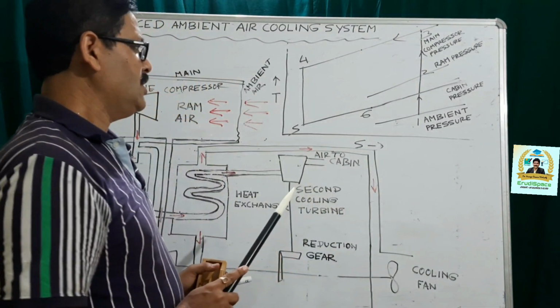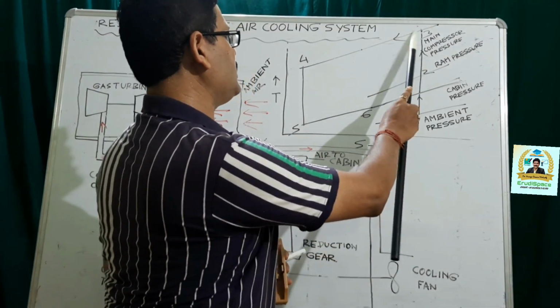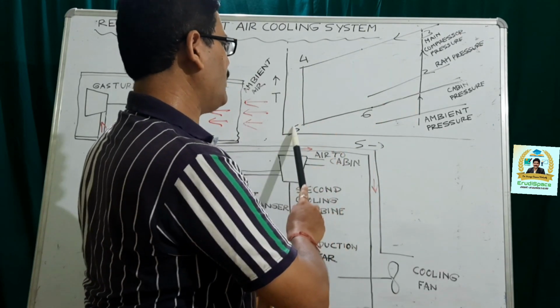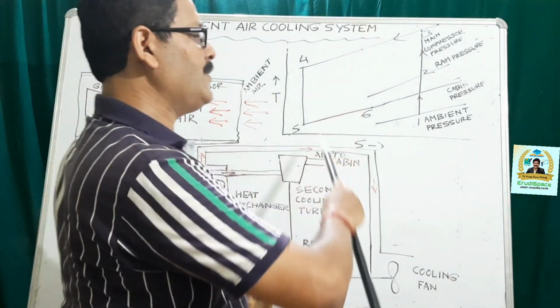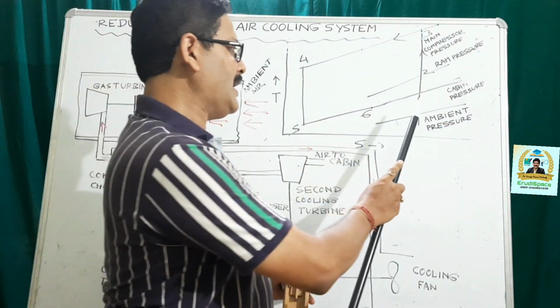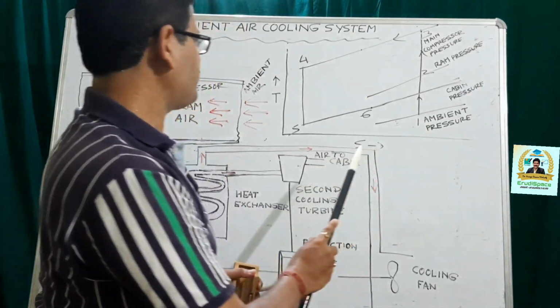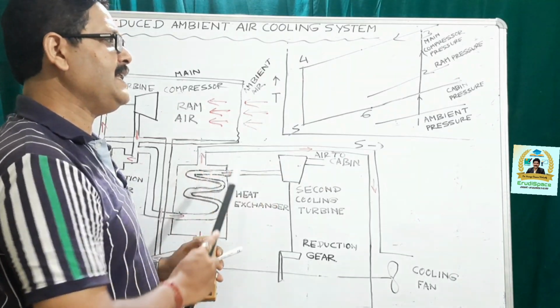Now, we have 6 processes: 1-2, 2-3, 3-4, 4-5 and 5-6. And you do have 4 operating pressure conditions. They are your ambient pressure, that is the pressure when the air is taken in.